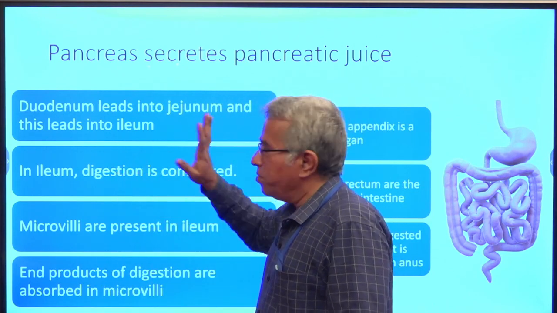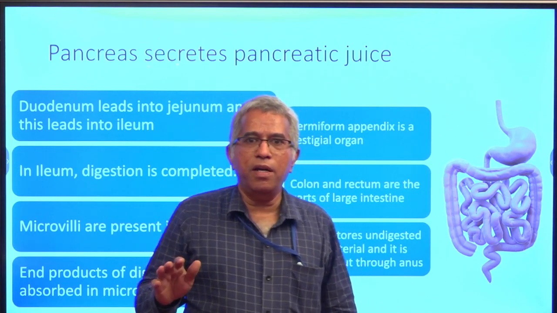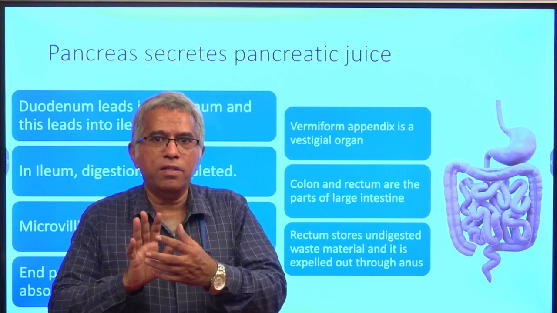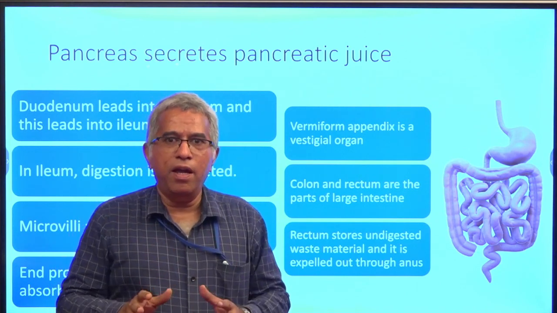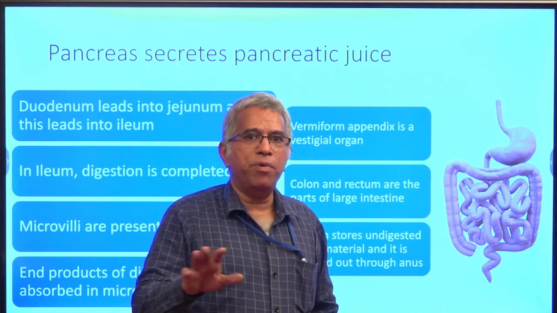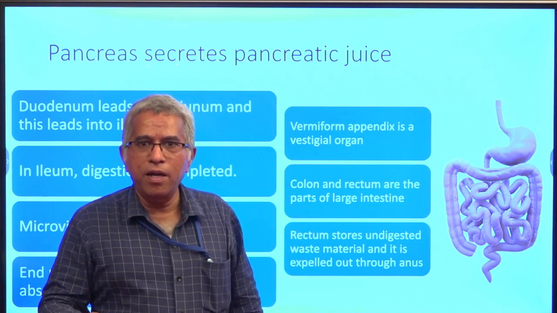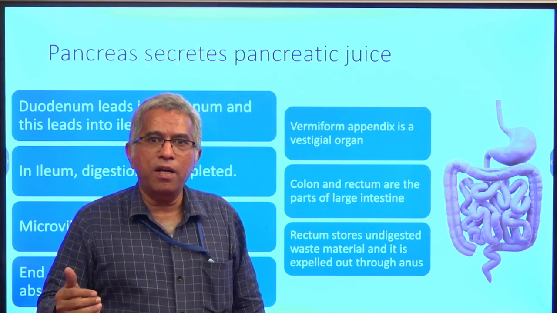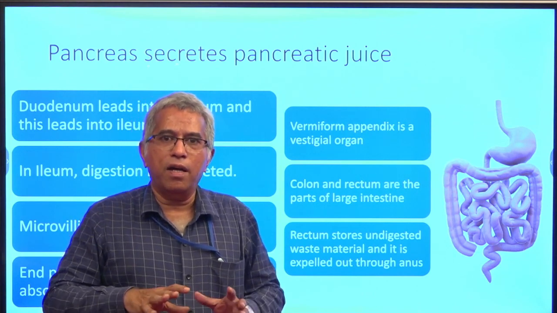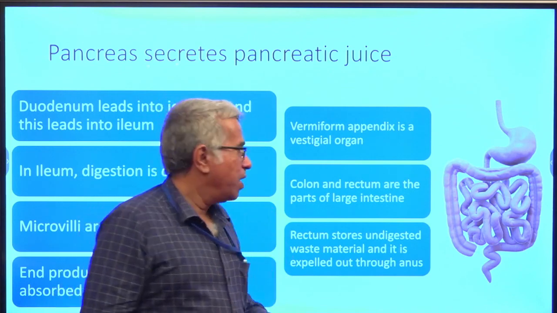In the ileum, the total digestion is completed, and in the ileum you can find certain outgrowths called microvilli, and in these microvilli the end products of digestion will be simply absorbed. Later, they will be mixed with the blood.